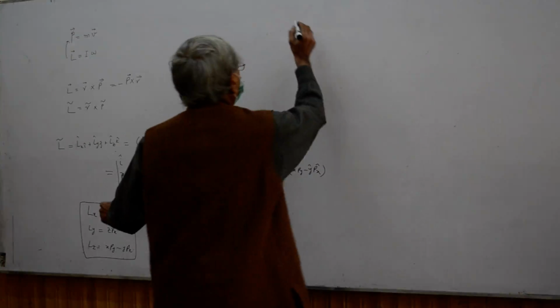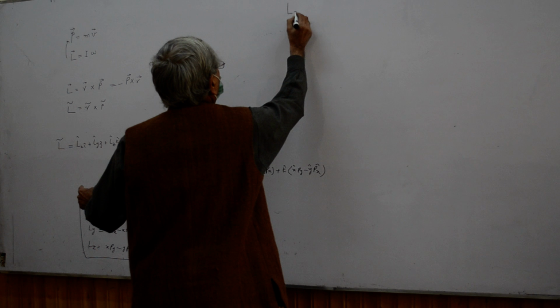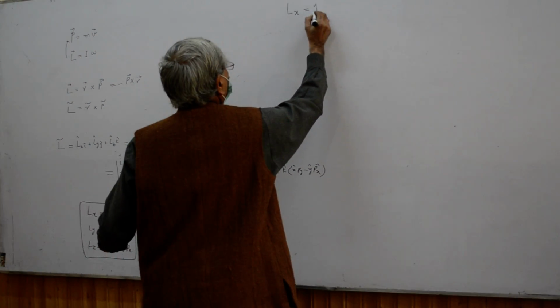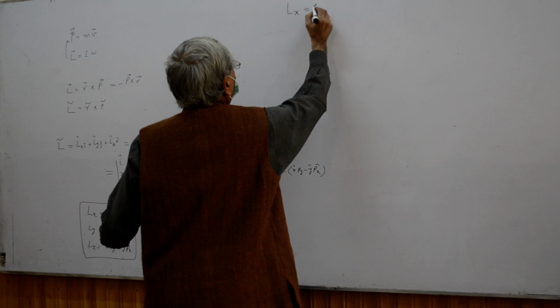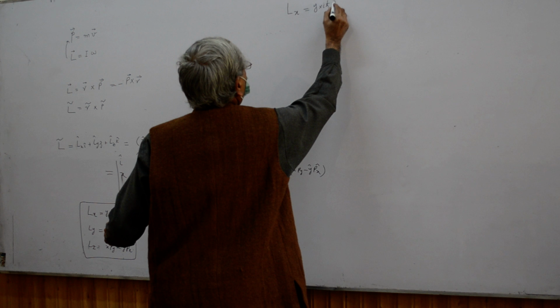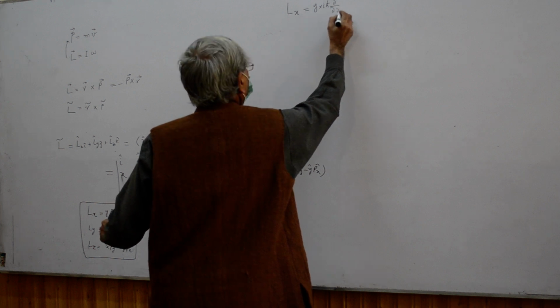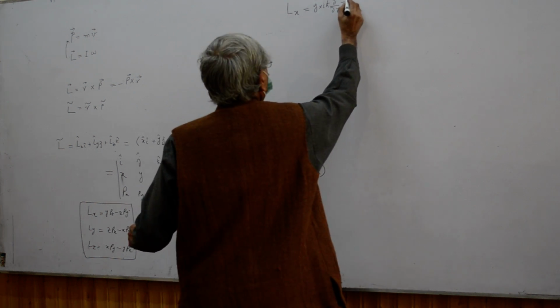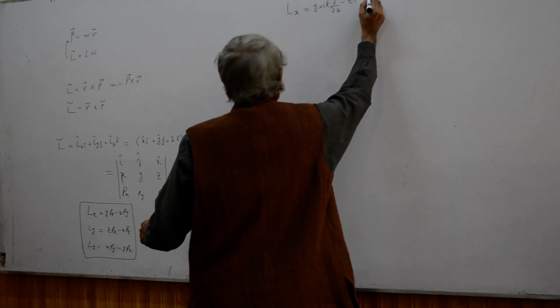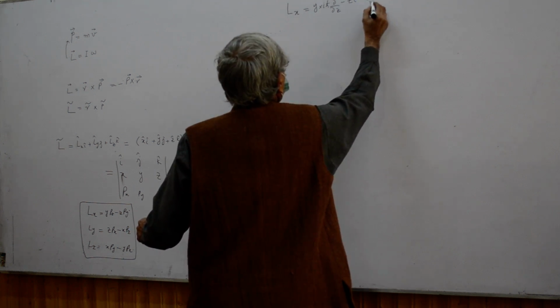So in quantum mechanics, Lx is equal to y times minus i h bar delta over delta z minus z times minus i h bar delta over delta y.